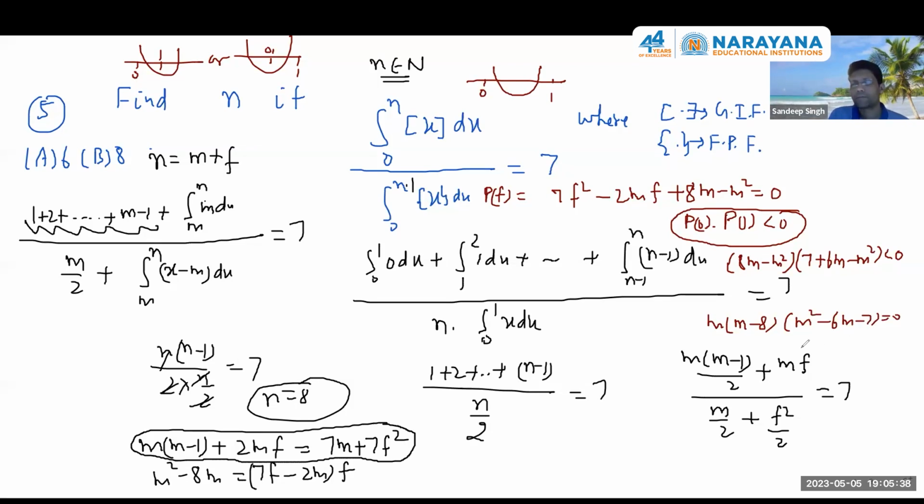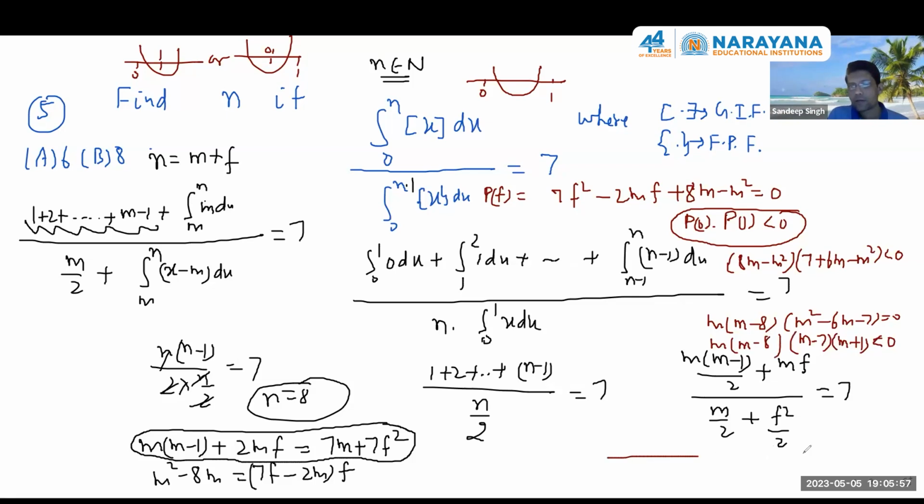So what are the factors? m minus 7, m plus 1. Right? And this is less than 0.